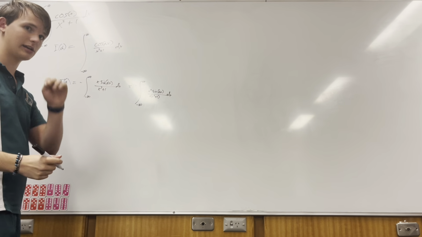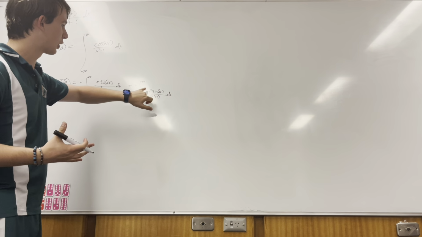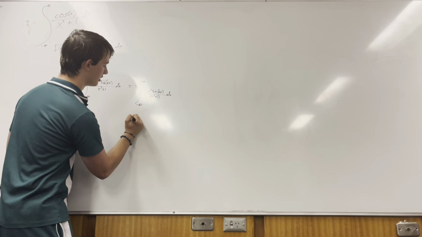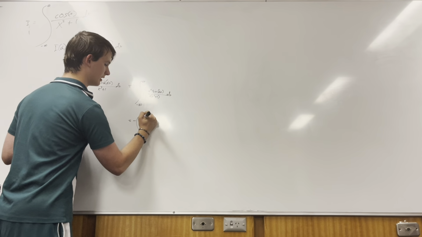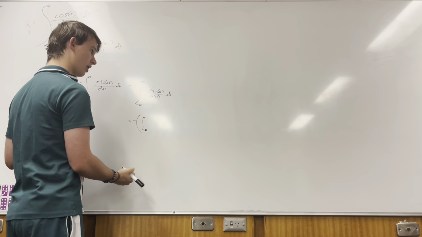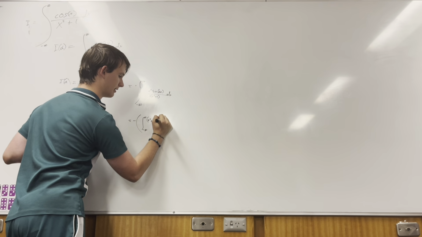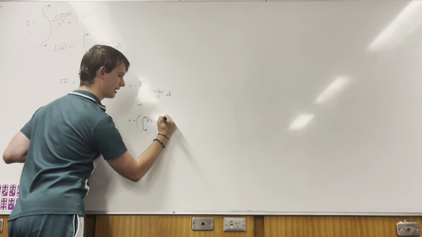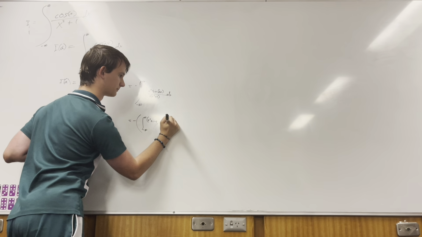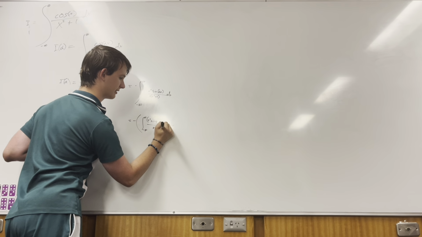Now what we can do is add and subtract 1. We're essentially just adding 0, but it makes it a lot easier to factor everything. So we get the negative out front, and we have the integral from negative infinity to infinity of x squared plus 1 minus 1 of sine of alpha x divided by x times x squared plus 1.